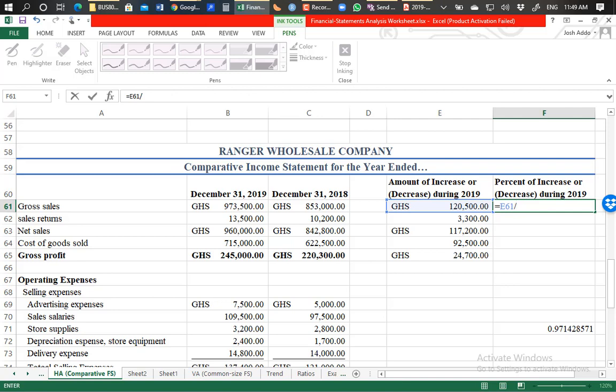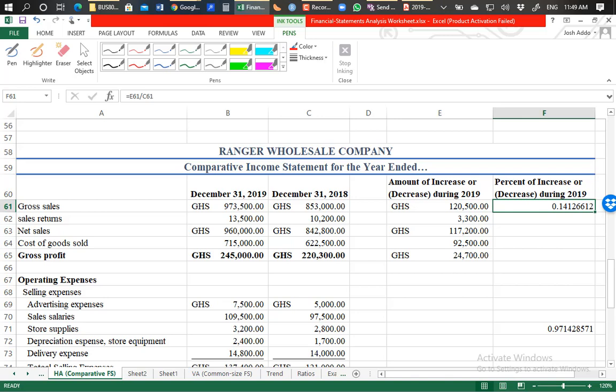That same key has the question mark on top of it. So the change divided by the old figure, which is 2018. So I click here, the change divided by 2018. Then you press enter. So this is the percentage change.